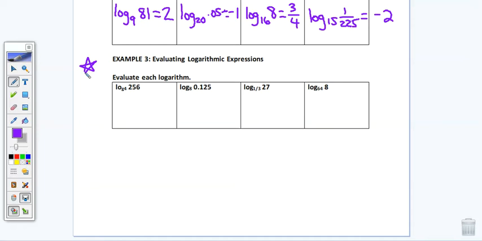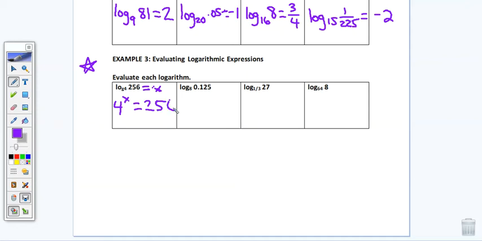There's no equal sign in any of these, so I like to put an equal sign in all these. I'm going to write x. So this is really saying 4 to what power is equal to 256?